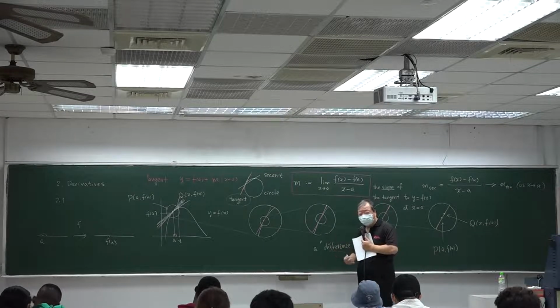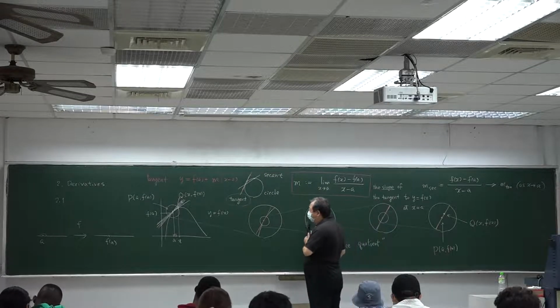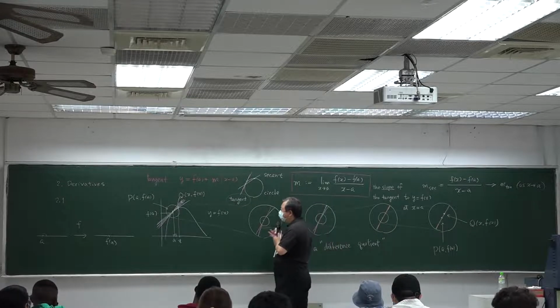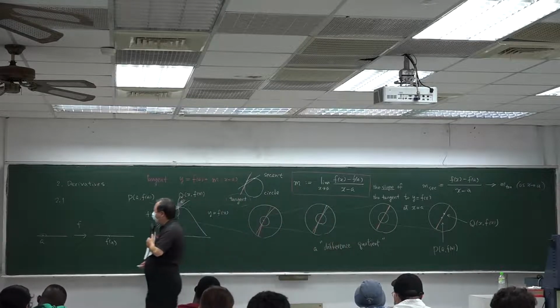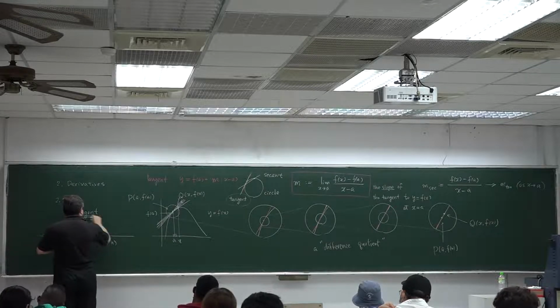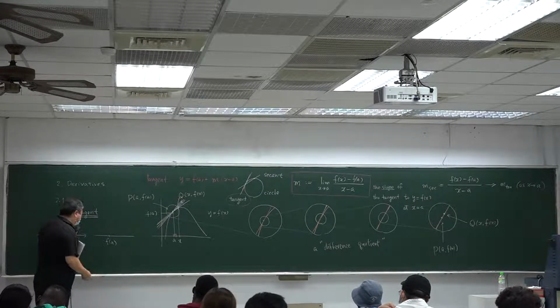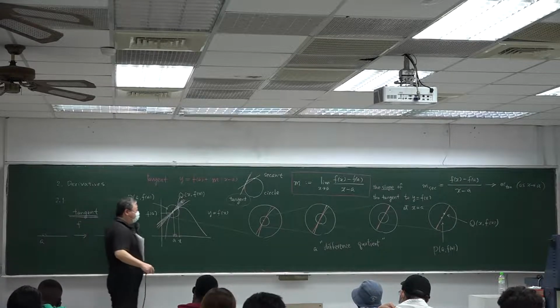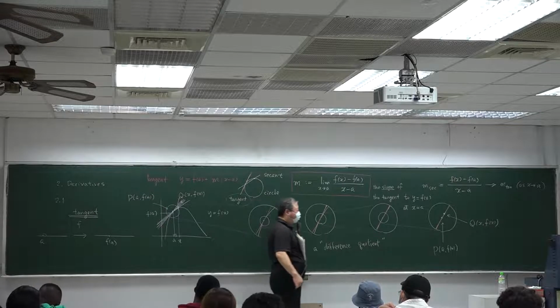Okay. This is the first notion, tangent or slope. The second notion, or the second concept, is velocity.